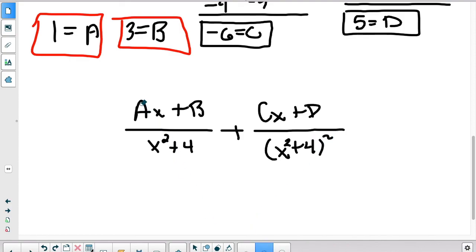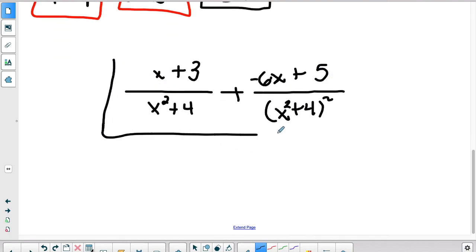Now after doing all that math and all that work, we found out the value of a was 1, so I can just write x, I can leave x by itself. B, we found it to be 3. C, we found it to be negative 6. And D, we found it to be 5. And now we'll leave it like this here. This here is our answer.